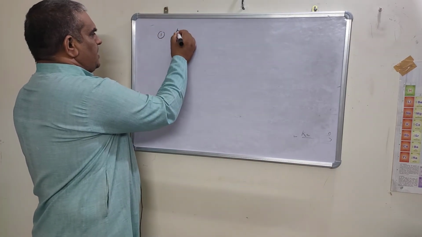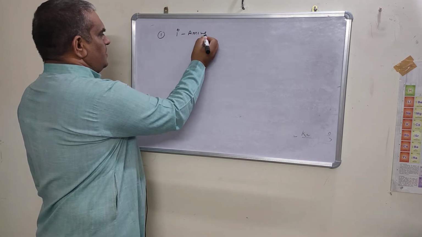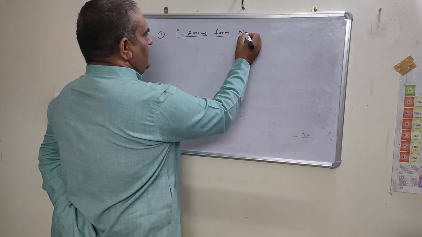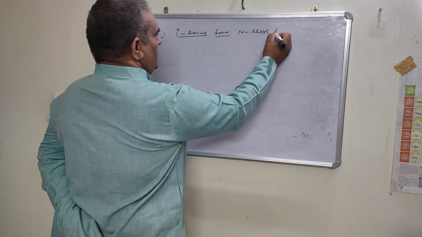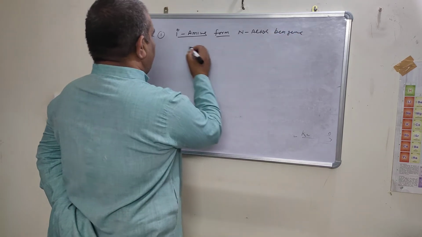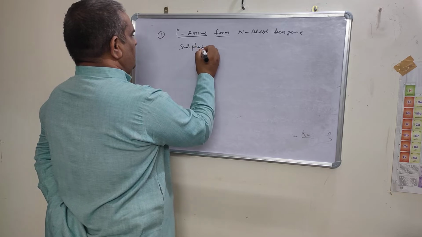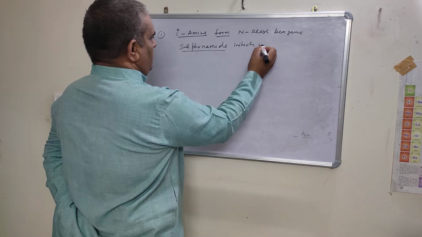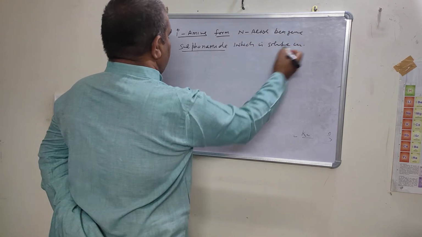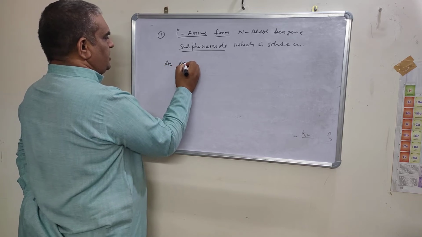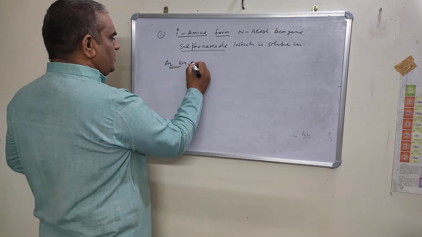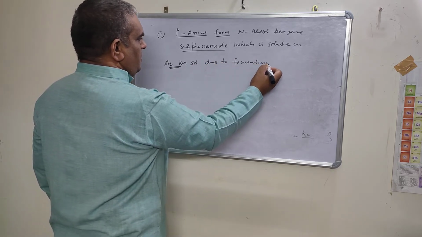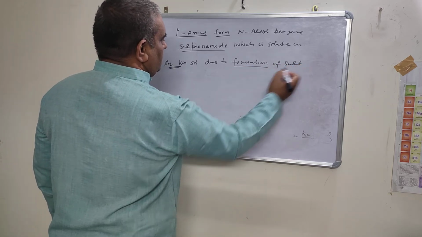First, the primary amine reacts with benzene sulfonyl chloride to form N-alkyl benzene sulfonamide, which is soluble in aqueous potassium hydroxide solution due to the formation of salt.